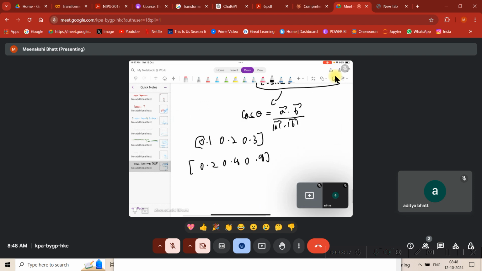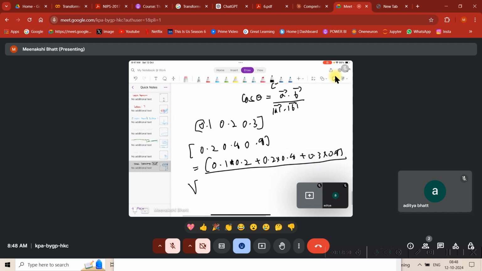How would you compute the cosine similarity, guys? 0.1 into 0.2 plus 0.2 into 0.4 plus 0.3 into 0.9, and in the denominator you would have the square root of 0.1 square plus 0.2 square plus 0.3 square, into the square root of 0.2 square plus 0.4 square plus 0.9 square. Please do the math and tell me the answer also. I wish I had the energy to do this type of maths now, but I don't. But this is essentially how cos theta gets computed.